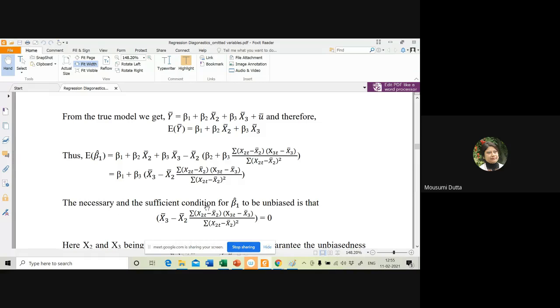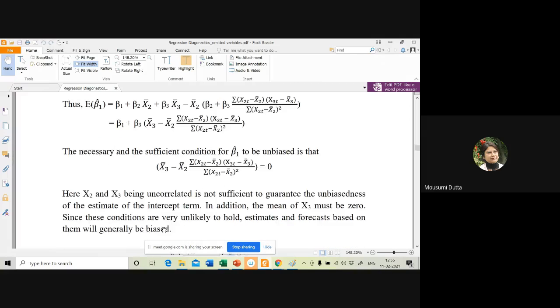So the necessary and sufficient condition for beta 1 hat to be an unbiased estimator of beta 1 is that this total part will be equal to 0. Here, x2 and x3 being uncorrelated is not sufficient to guarantee the unbiasedness of the estimate of the intercept term.